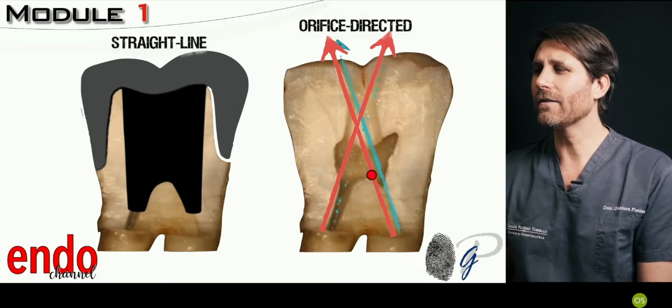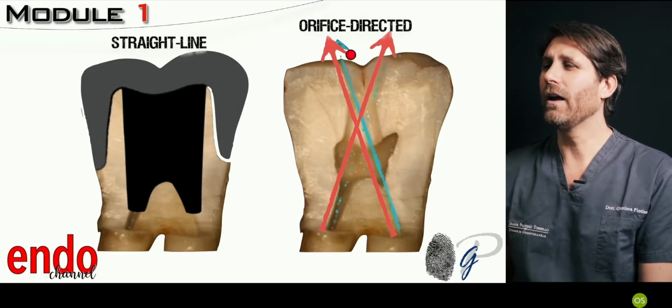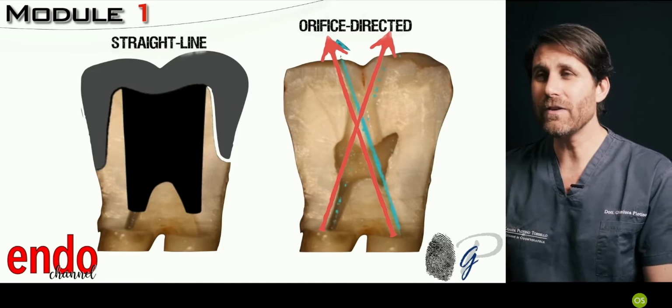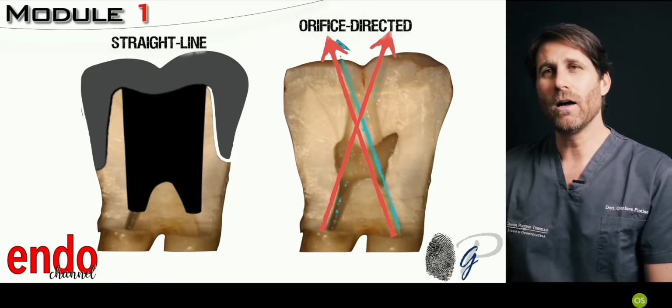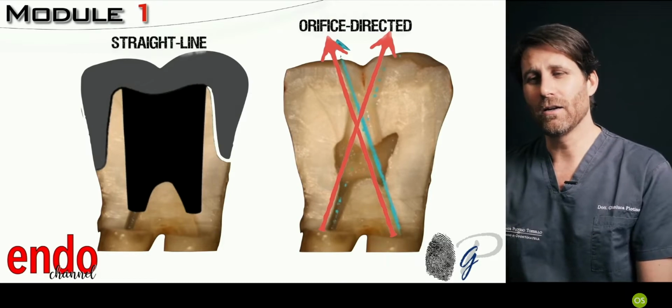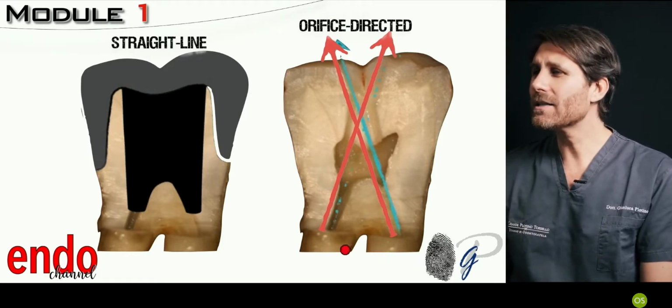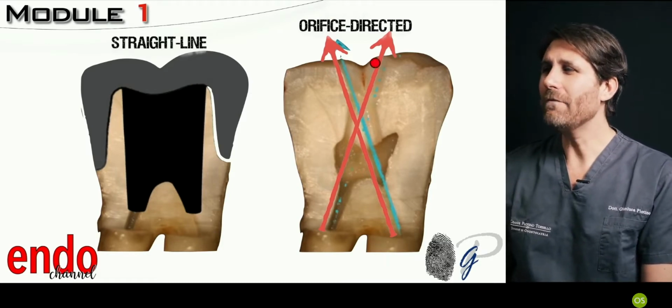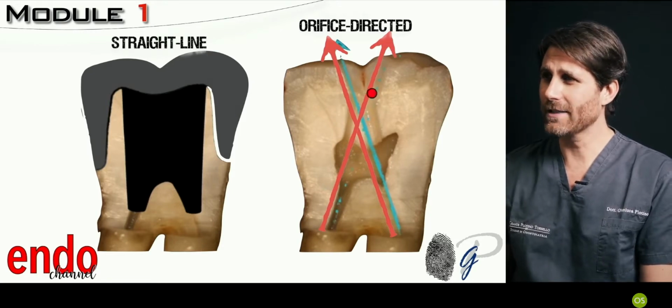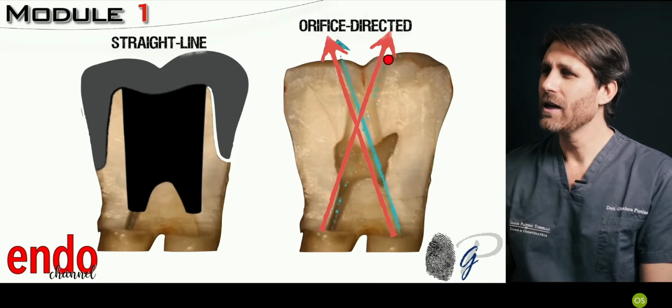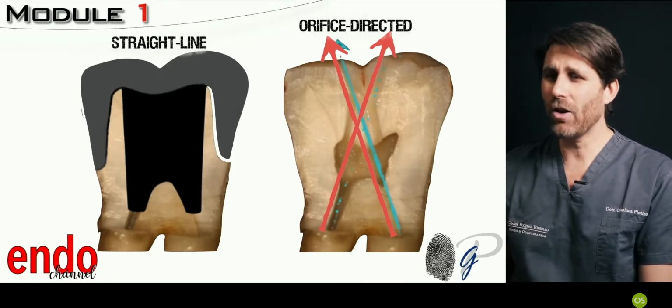The orifices are directed towards the coronal portion with a specific indication, and this will guide us in our access cavity concept. You can see that if you have this orifice-directed orientation of the access cavity, the orifice projection usually is going towards the enamel on the opposite side.